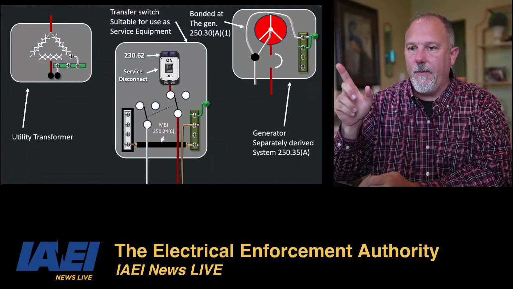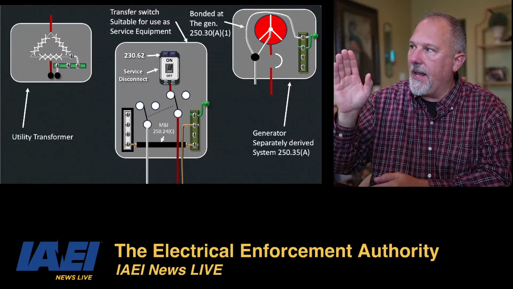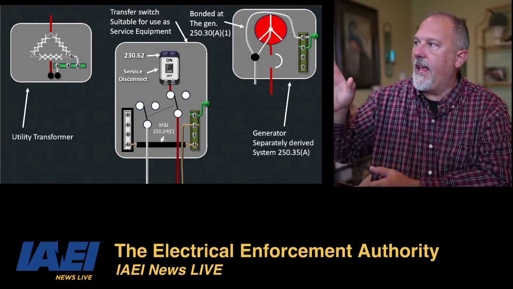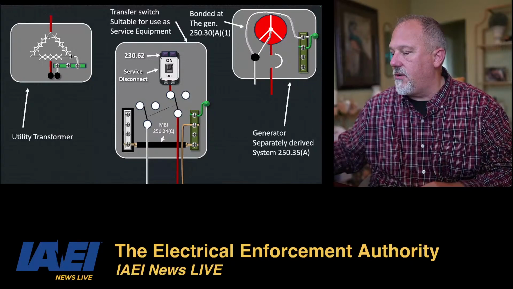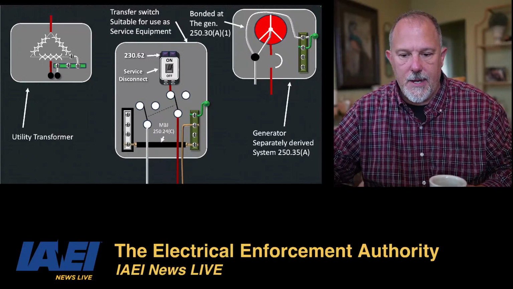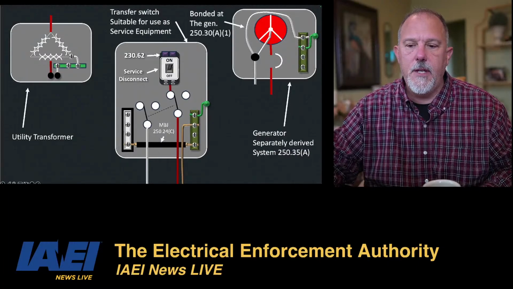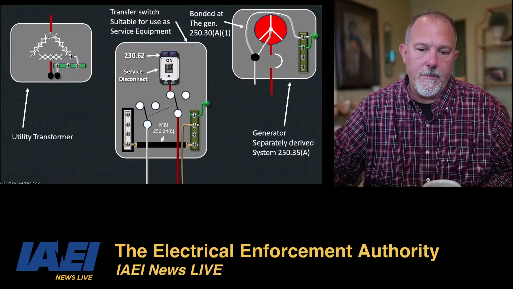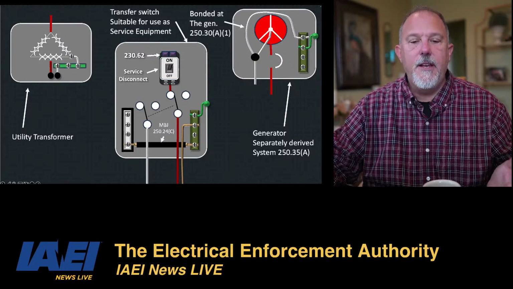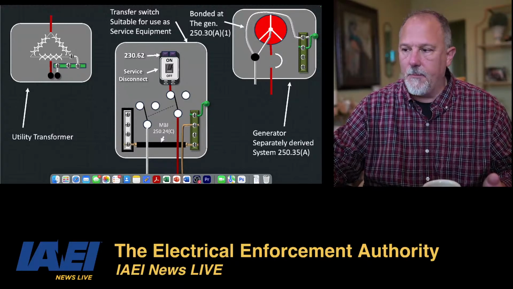So very similar to the previous drawing, I have my neutral and I have my ground bar and I have that jumper in place. You may go to some generators that do not have the bond in place.